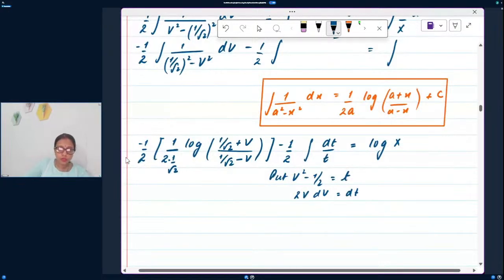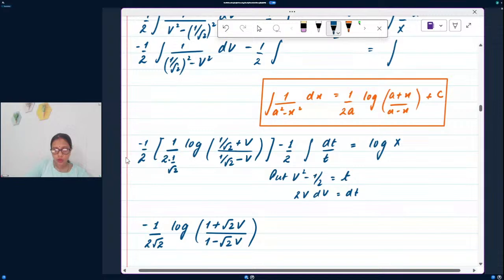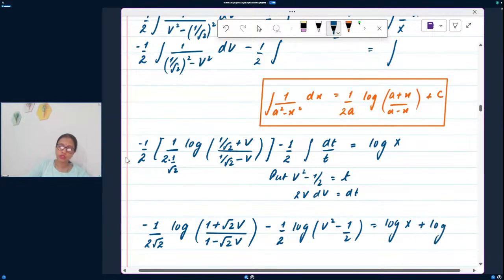This is root 2, so it becomes minus 1 by 2 root 2 log of 1 plus root 2v divided by 1 minus root 2v minus 1 by 2 log t, which means v square minus 1 by 2 is equals to log x plus log c.